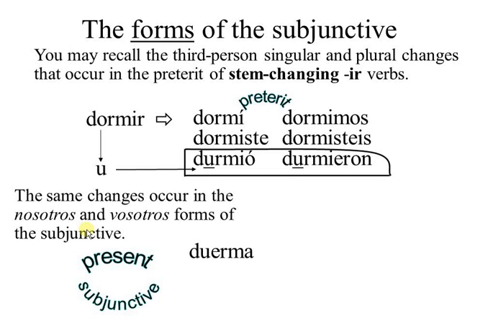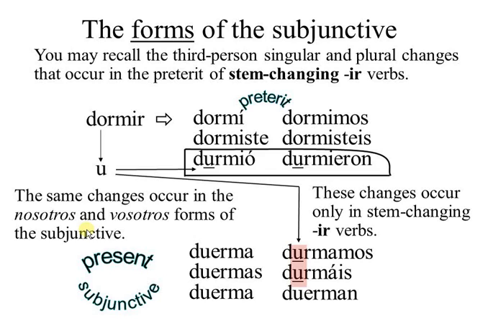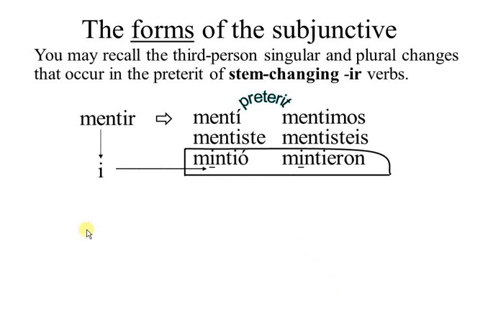So let's see. Ojalá que yo duerma, ojalá que tú duermas, ojalá que él duerma. Now watch. Ojalá que nosotros durmamos, only in the nosotros form. Ojalá que vosotros durmáis, of course, in the vosotros form too. Ojalá que ellos, ellas, ustedes duerman. These changes occur only in stem-changing IR verbs. I repeat, only IR verbs.